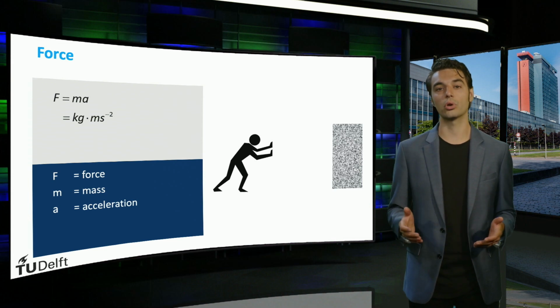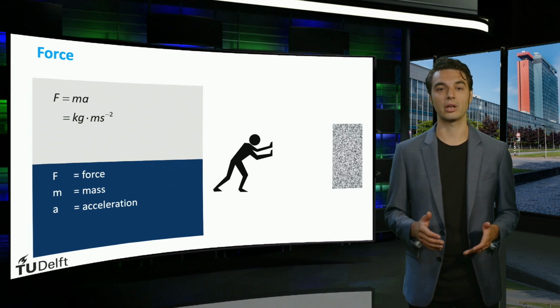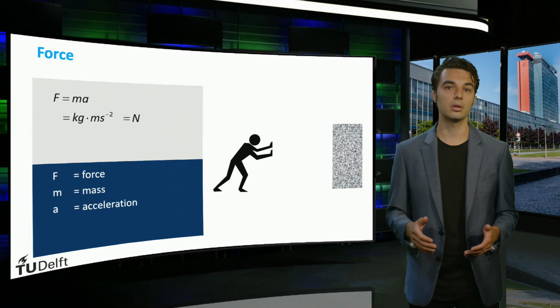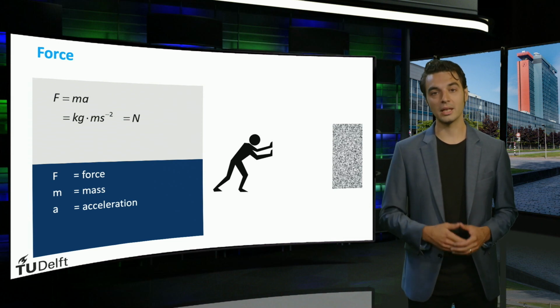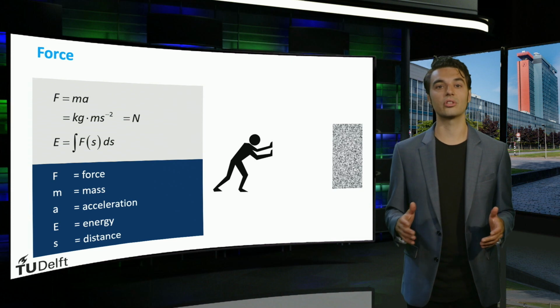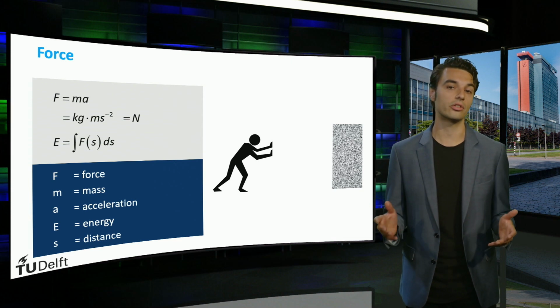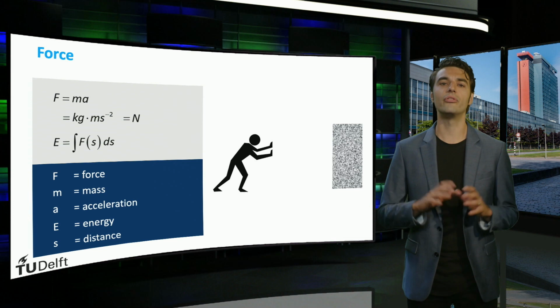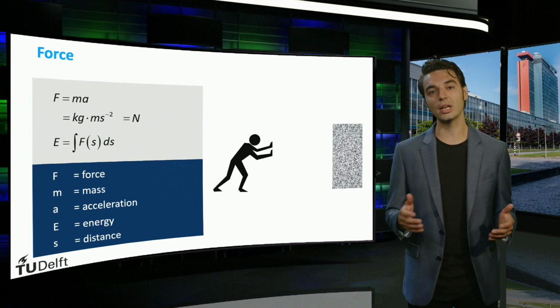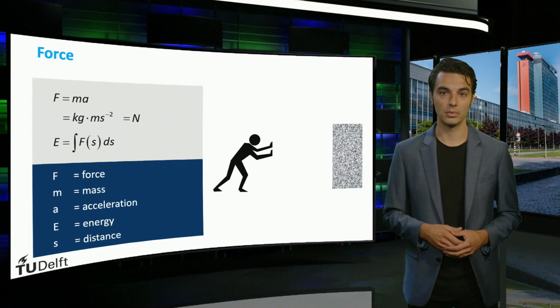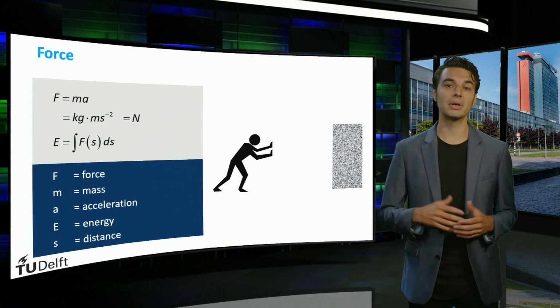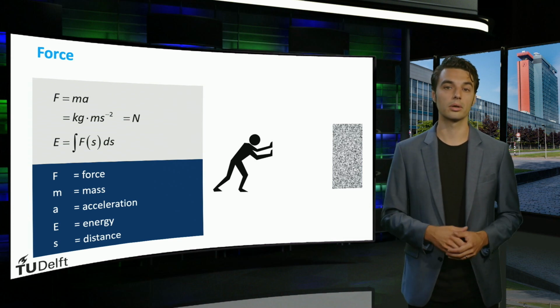The units of force are kilogram times meter per second squared, which is known as a Newton, denoted by capital N. The amount of energy used in this interaction is given by the product of the force and the distance s. Energy is a very useful concept to evaluate an amount of effort to accomplish a change in a system, or to put it simply, the ability of a system to do work.